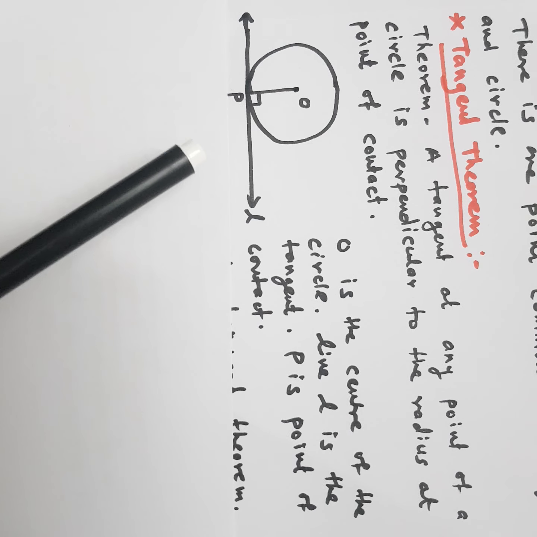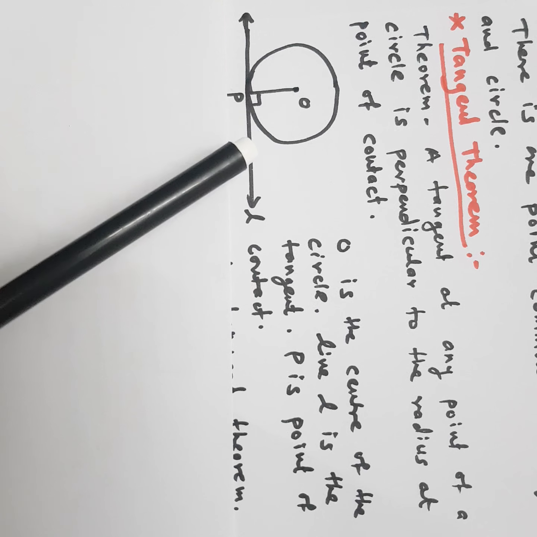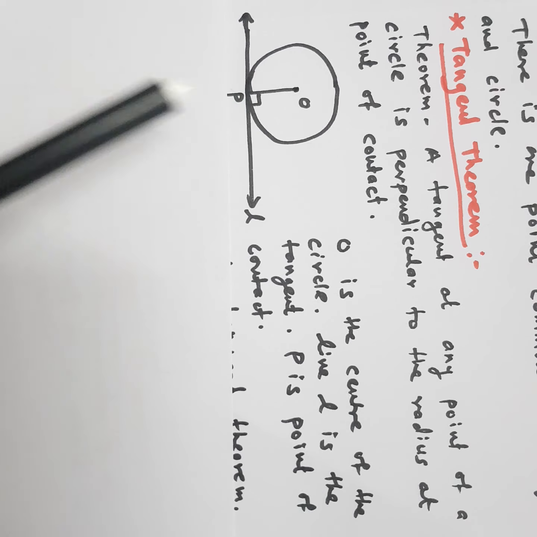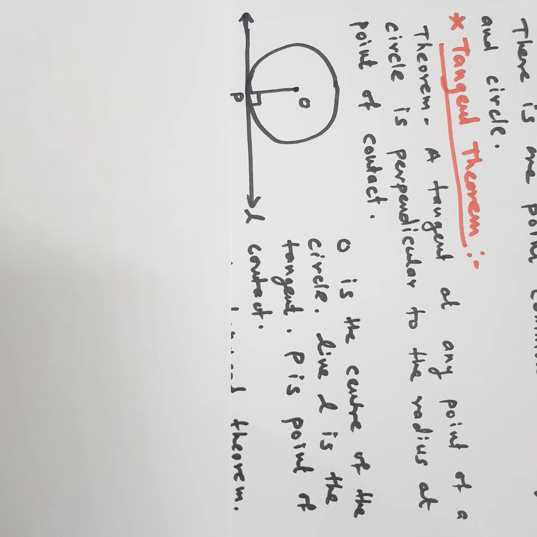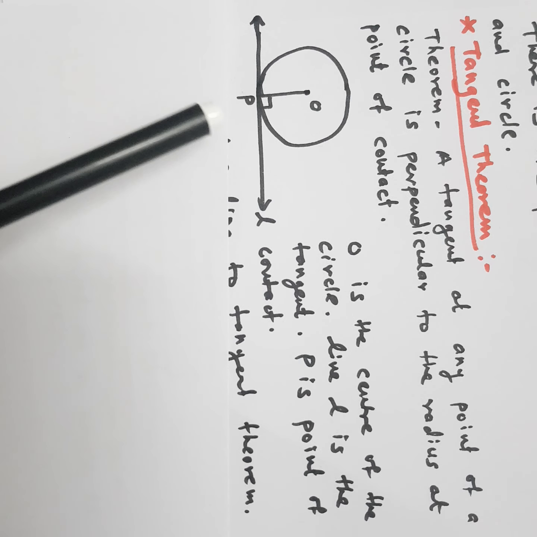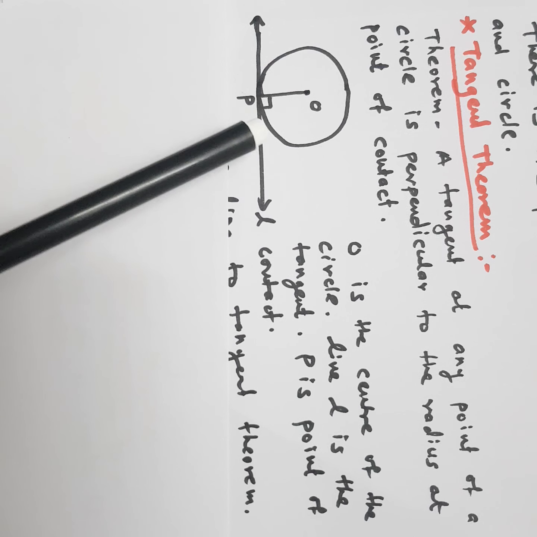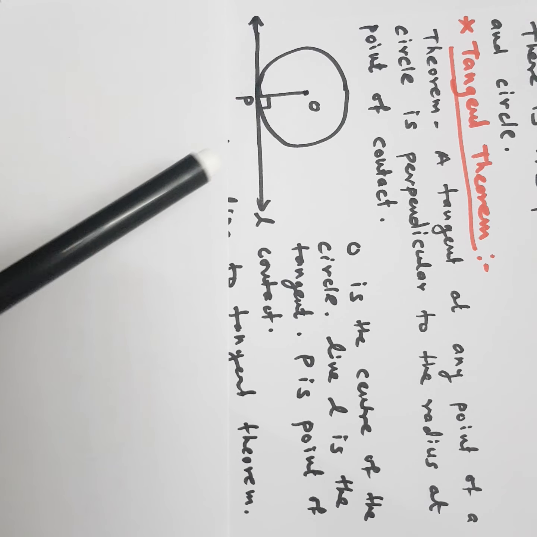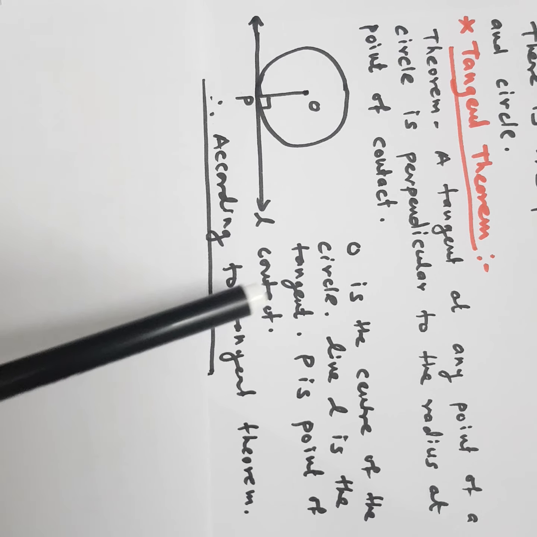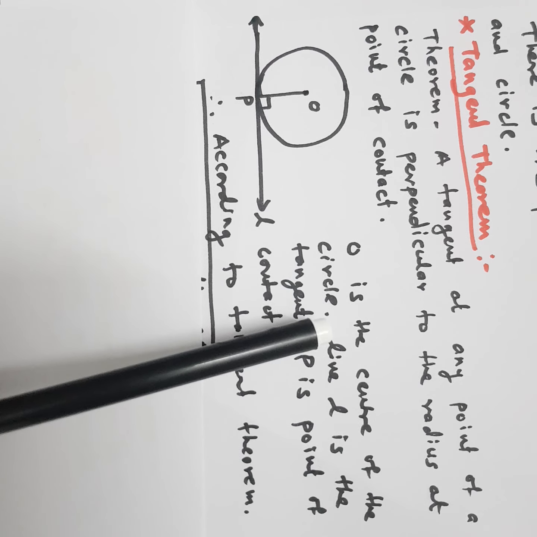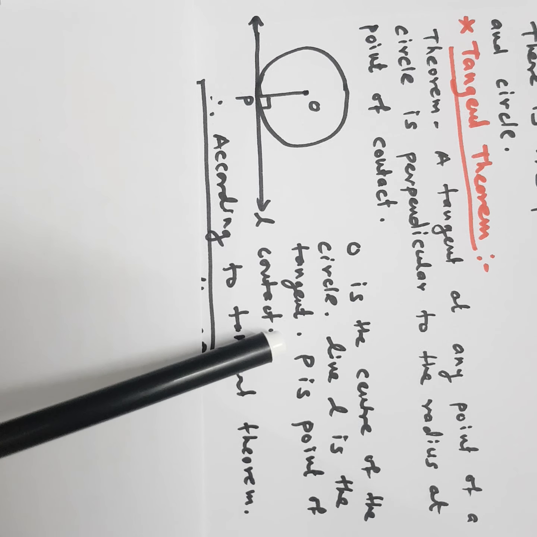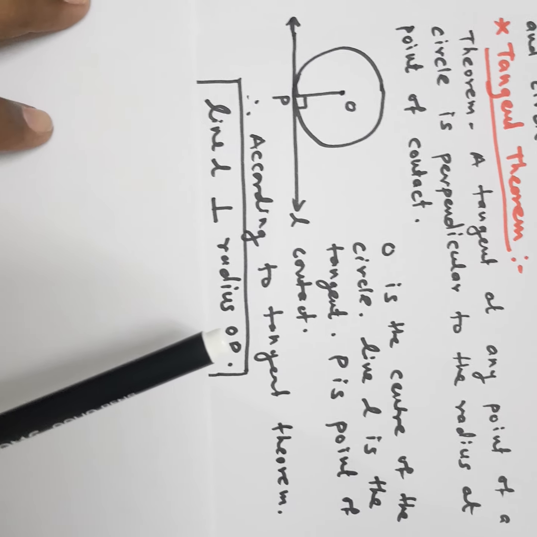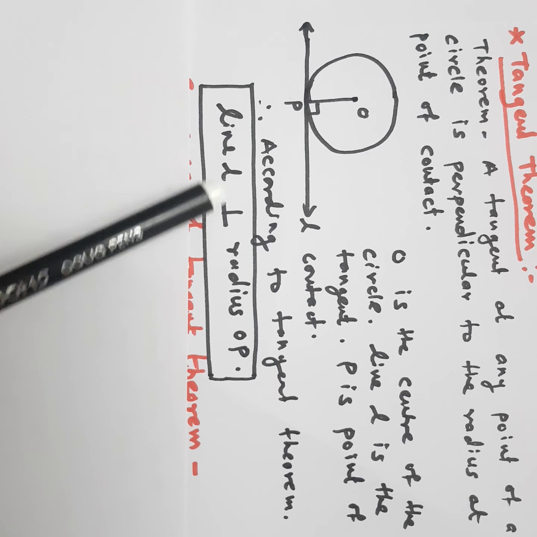See the figure. Here line L is the tangent, O is the center of the circle, and OP is the radius. P is the point of contact. Our theorem says this line L, the tangent, is perpendicular to segment OP, the radius.